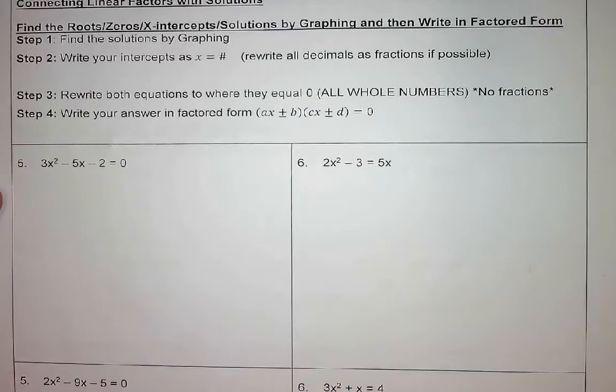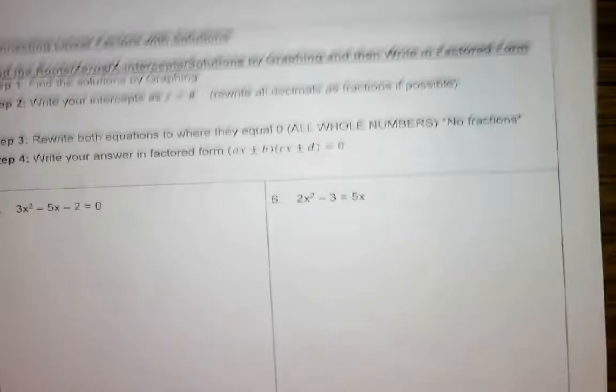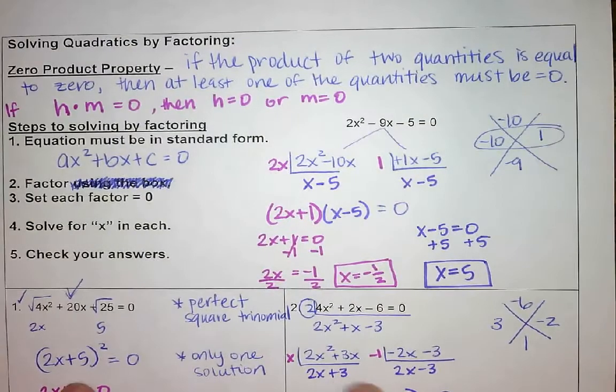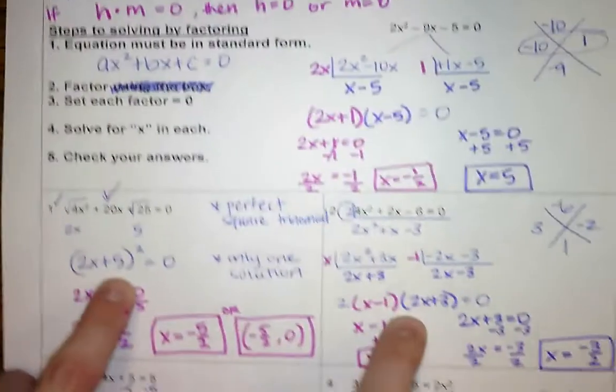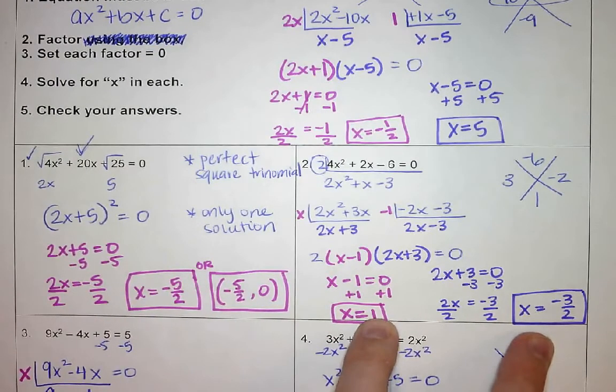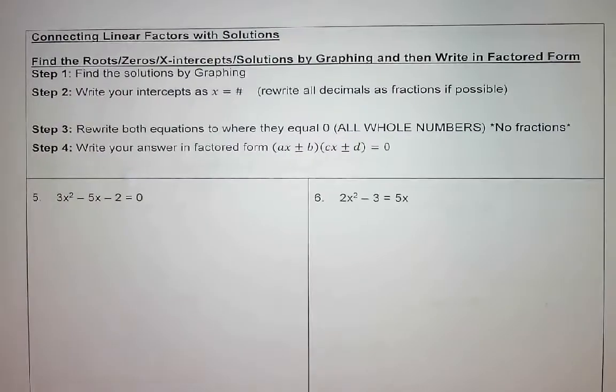On page 4, I want you to use the solutions to find your factors, because you can go back and forth each way. On these particular problems, I want you to find the solution by graphing first.